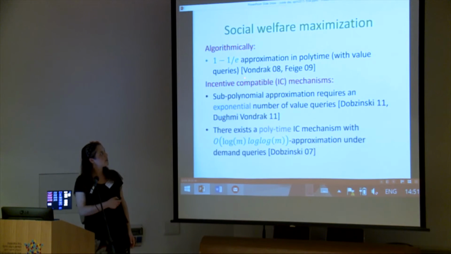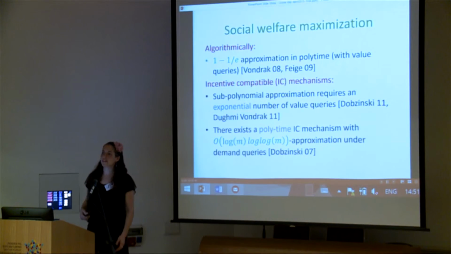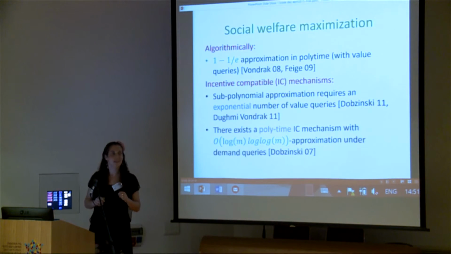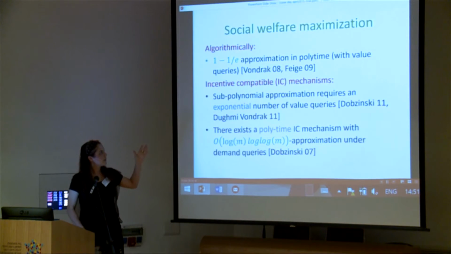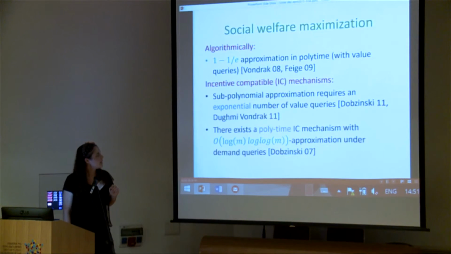One is value queries, and the second is demand queries. Demand queries are stronger, so positive results with demand queries are weaker. And what we know is that any subpolynomial approximation requires an exponential number of value queries. If we want really value queries, we can't get subpolynomial approximation.